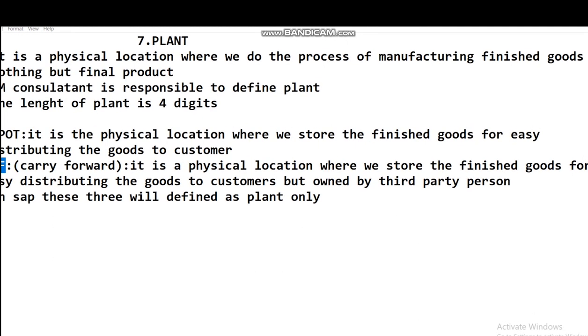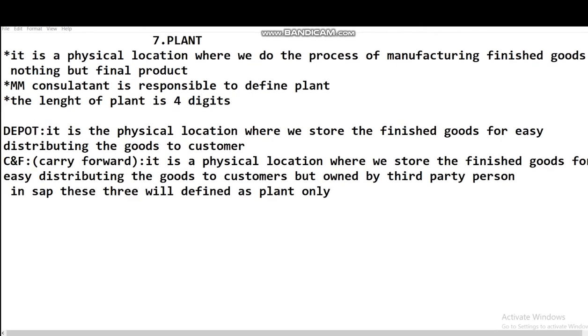What is a depot? It is the physical location where we store the finished goods for easy distribution of the goods to customers. You are all aware that every company has its depots. For example, take a company called XYZ in Delhi.